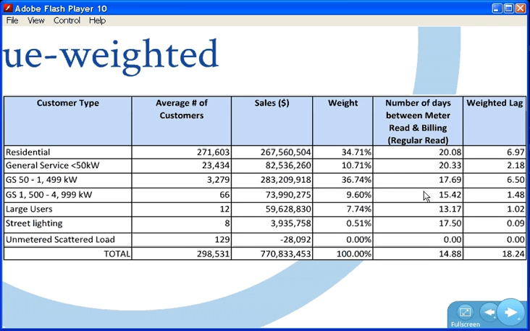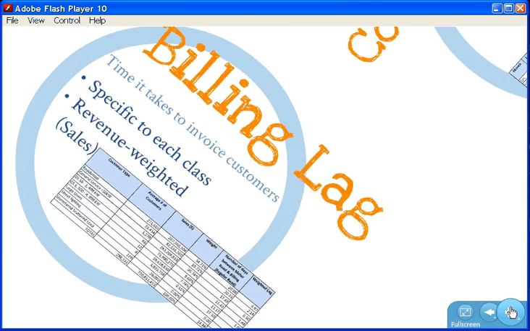And as expected, the larger customers tend to have a shorter invoicing period. Again, once it's revenue weighted, we obtain the weighted lag. And in this case, for Hydro Ottawa, the billing lag is about 18.24 days.